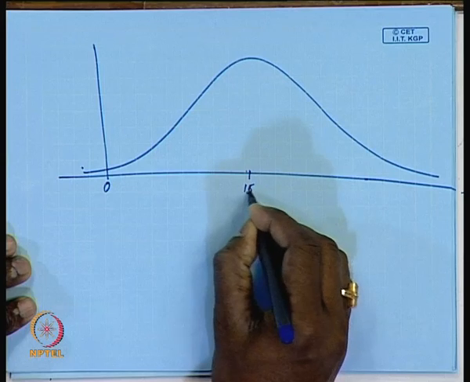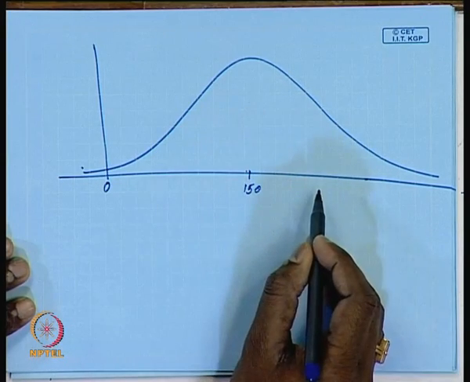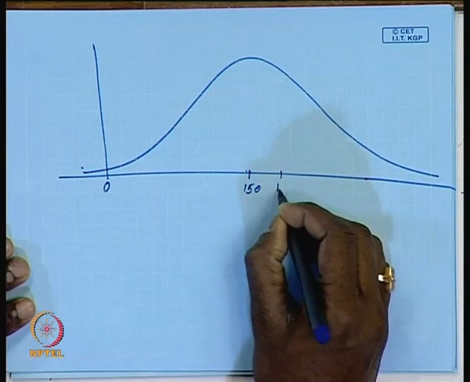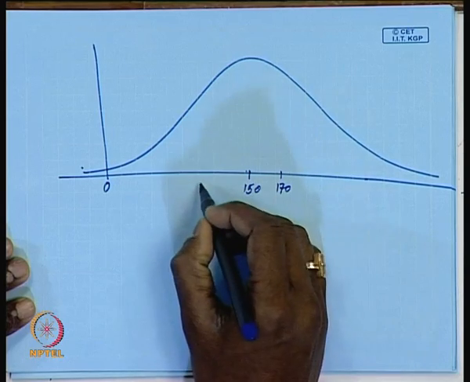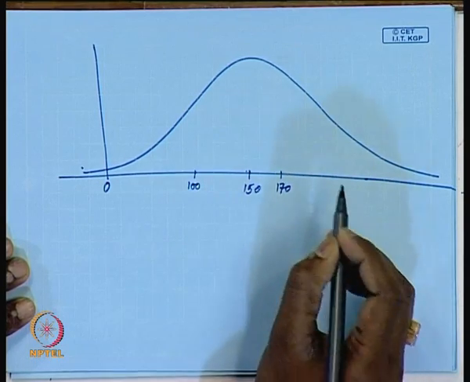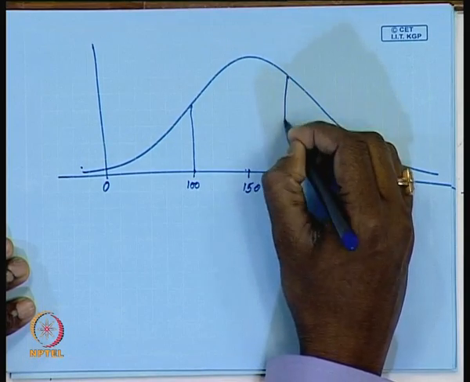So this is 150. We are interested in the random variable between 100 and 170. Say this is 170 and this is 100. What we are interested in is this area.